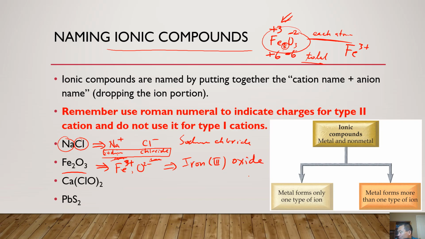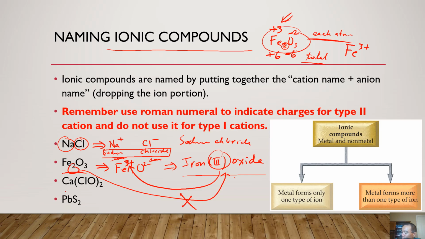Remember, please drop the ion portion. So this whole thing is called iron 3 oxide. And this 3 is the charge that you indicate. Not 2. You don't want to name this as iron 2. Wrong. That's wrong, because it's not a subscript. It is the charge that the Roman numeral indicates.